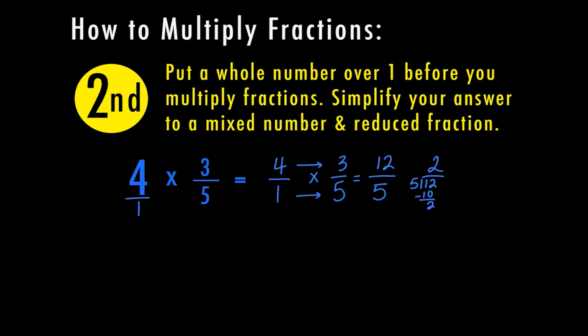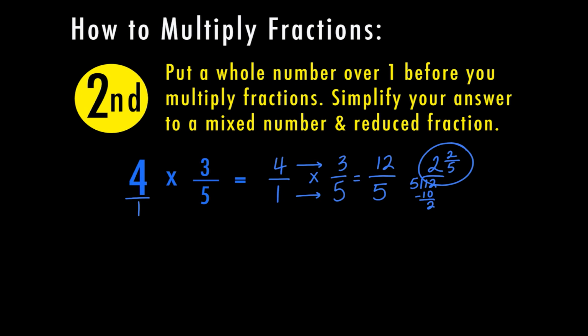This is my fraction. So 2 is my whole number because that's how many times the denominator goes into the numerator. My remainder becomes my numerator and my denominator stays the same. So this is how I change my improper fraction to a mixed number.